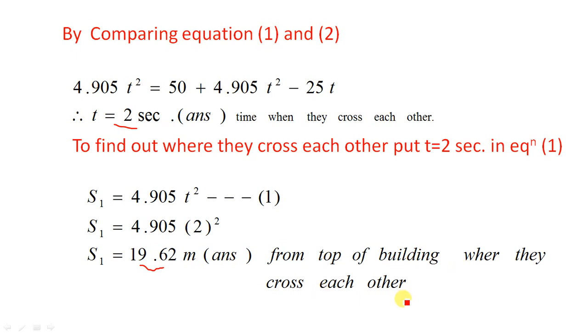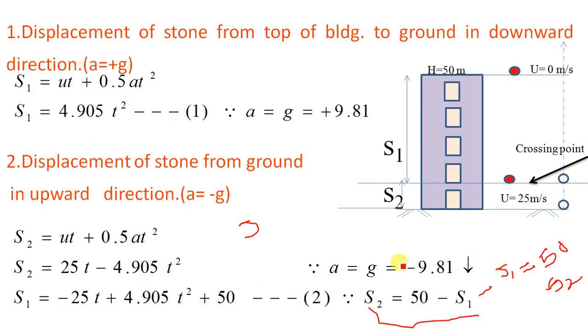Okay, are you getting it? Quite a simple problem. In this problem, what is the concept? Here we have written s1 in terms of s2, and we have compared these two equations.